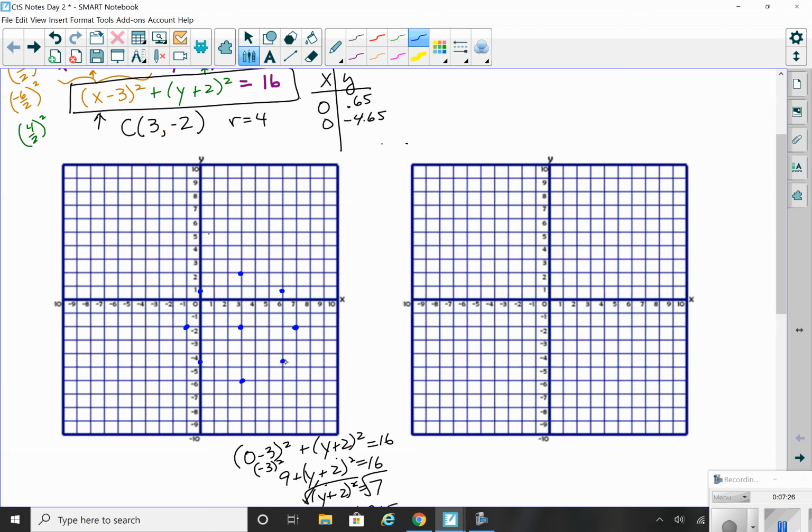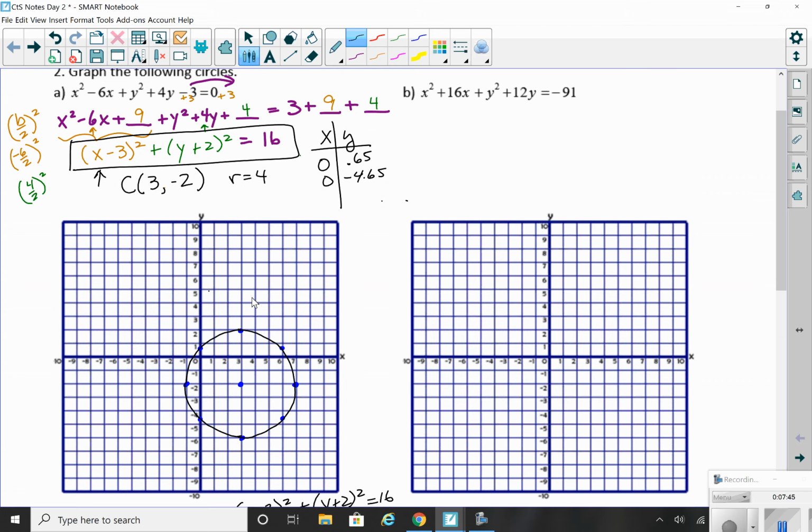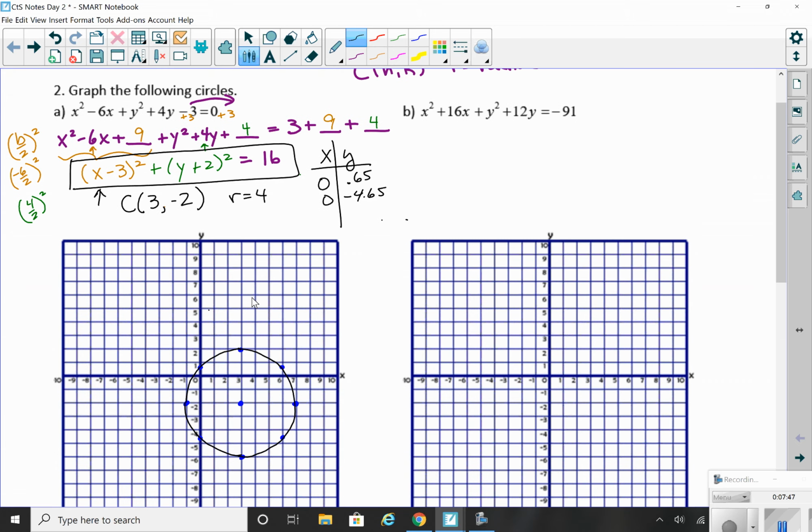Now you have enough points that you can go ahead and graph your circle, connect your dots. Again, if you had plugged in 1 or 2 for x, that's fine. You would just have different points plotted on your graph, different points on the circle. There we go. So there's the graph of our circle from our equation. This lesson is combining the last two lessons.